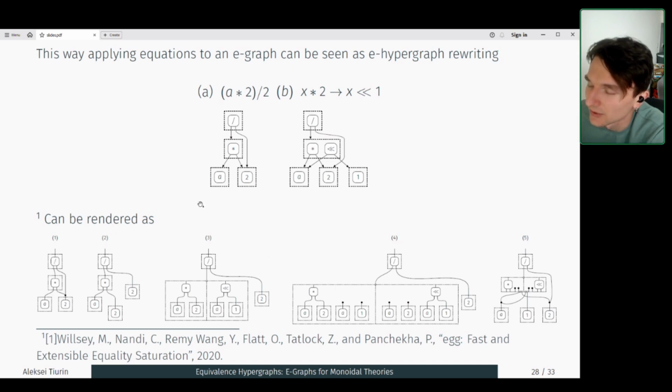So the first thing we do is duplicate the term by using the copy equation, and we do this to be able to identify the redex for the left-hand side of the rewrite rule. And then we apply this non-destructive rewrite by replacing another copy of multiplication by a bit shift.